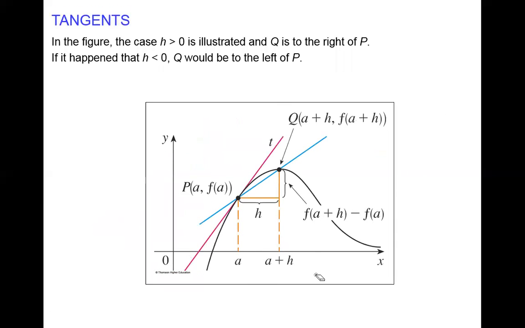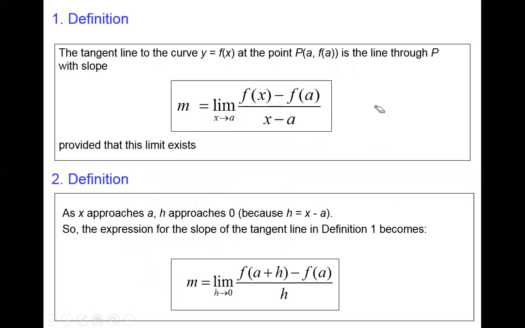And now, that's actually the thing, a plus h. And let's look at the definition. This is the old definition, but the second one is identical, but what I'm doing, I'm using the h notation. That means this is still f of a plus h minus f of a over h.